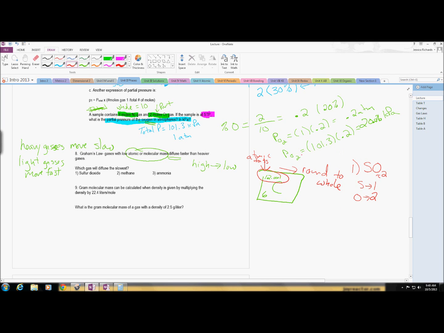I would look on my periodic table at these numbers to speed things up, but I'm just going to give them to you today. Sulfur has an atomic mass of 32, and each oxygen has a mass of 16. 1 sulfur with a mass of 32 is 32. 2 oxygens at a mass of 16 each is 32. I add them up, and I get 64. So sulfur dioxide has a mass of 64 AMU.